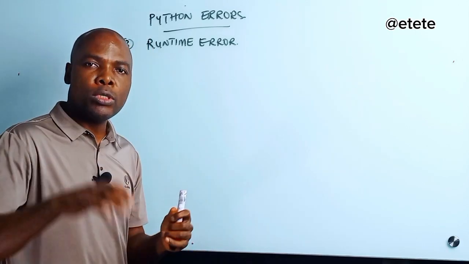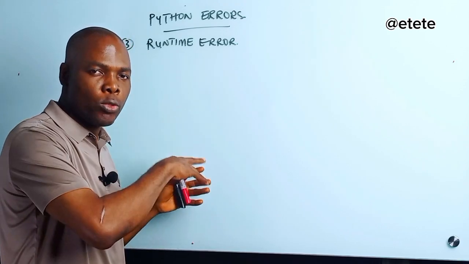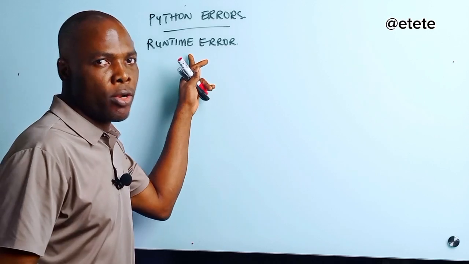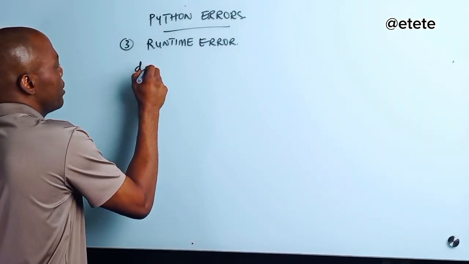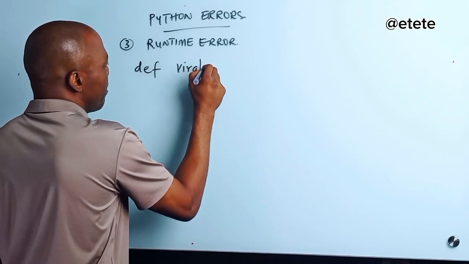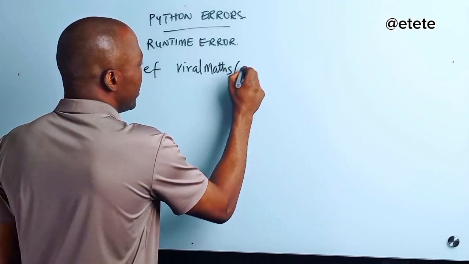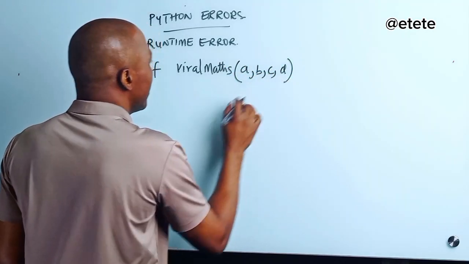So we are still going to use the same Varamat equation that we have been using in the last two errors to execute this one, and then you will see the runtime error. Okay, so we are going to define our function. Def, right? Varamat, right? And then we supply the parameters A, B, C, and what? D. And then we'll cover it.